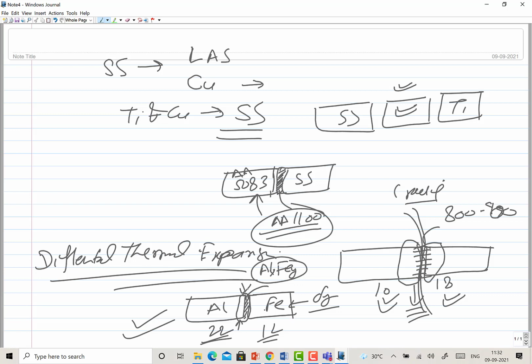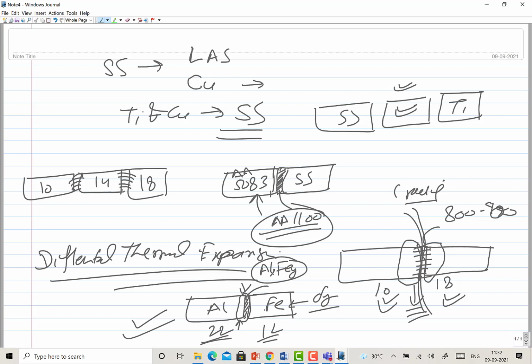Okay. So further, another way out here is to bring in a third metal which has an intermediate thermal expansion coefficient. Say on one side you have 10, on the other side you have 18. Let us bring in a third metal in between, of say 14, and then these are joined together.